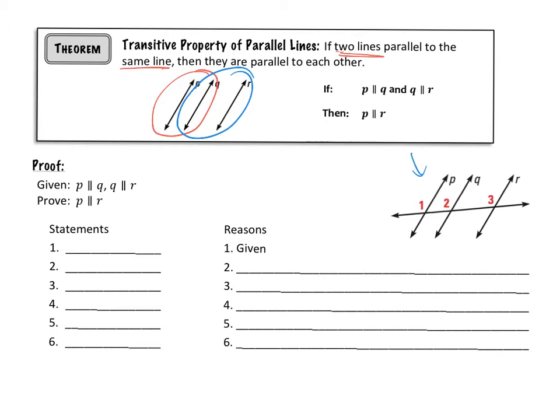So let's go. We're going to start with our first given, that line P is parallel to line Q, and that's given.